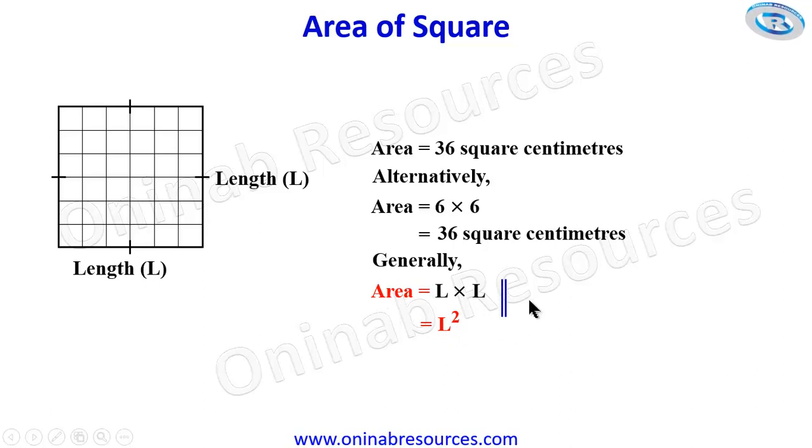And also, assuming you are given the area and you are to calculate the length, it is then going to be square root of A. That is to say, the length is square root of the area. So these are the two formulae we are going to be using in this tutorial, either to calculate the area given the length or to calculate the length given the area.